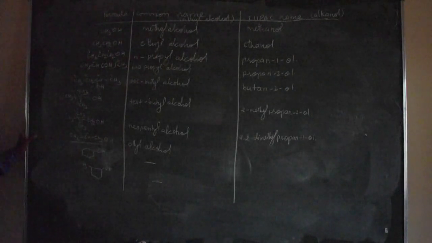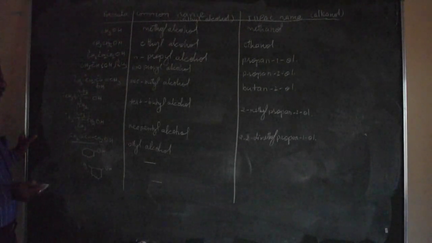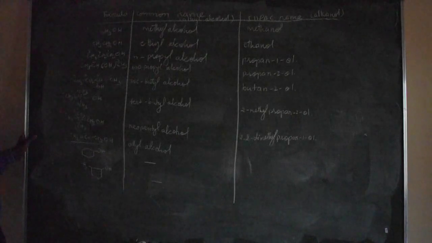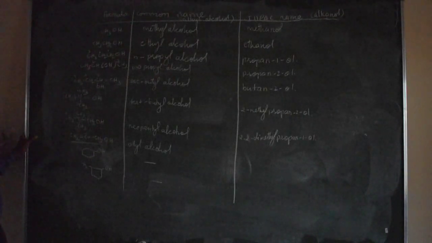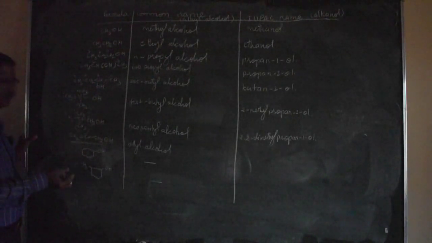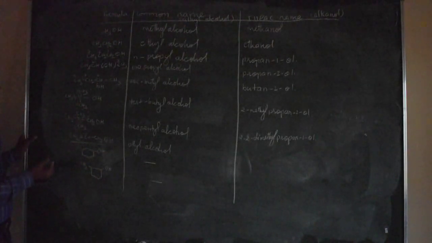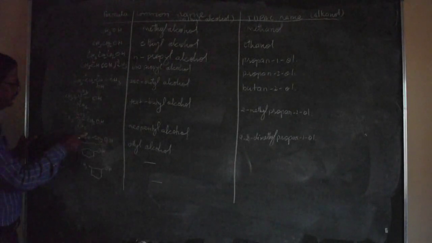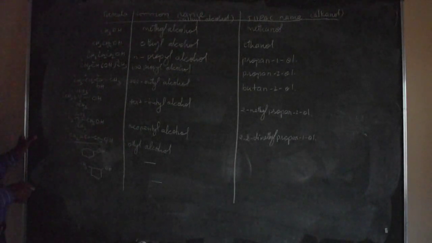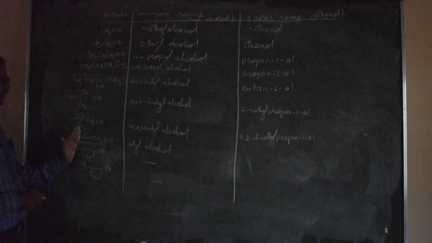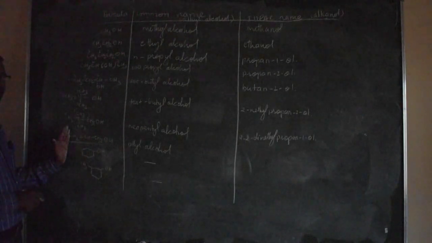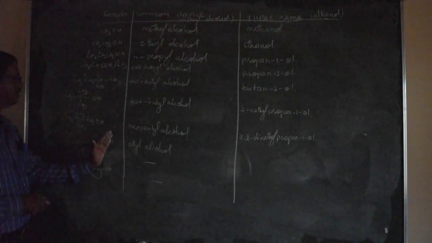Well, the next one is again interesting because we have two functional groups here. Even a double bond is considered a functional group. One is a double bond and another is OH. The question arises, from which end do you number the carbon, from the carbon having the double bond or the carbon attached to OH?